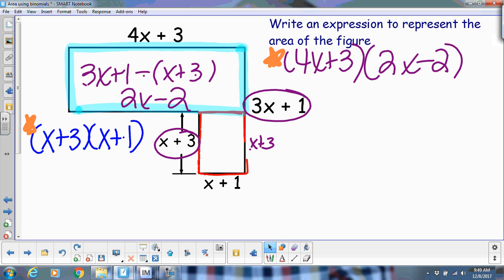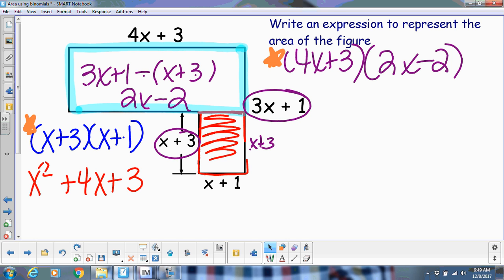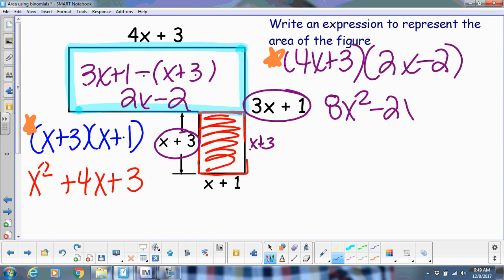All right, so the small area would have been x squared plus 4x plus 3. That's the area of the small one. All right, let's look at the area of the large one. It should be 8x squared minus 8 plus 6 is minus 2x minus 6. Is that what everybody got?